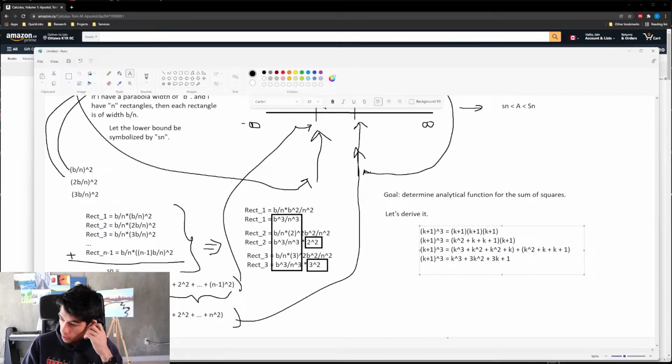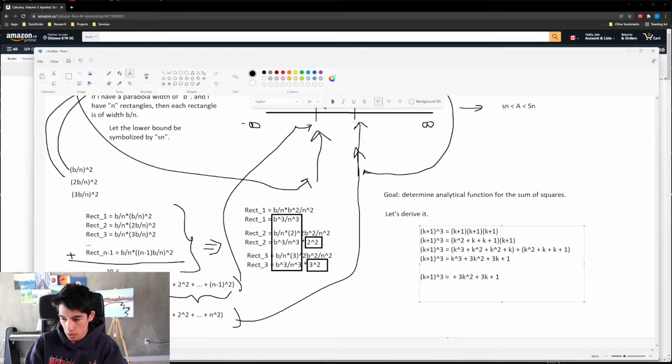Now that we've expanded this formula, let's rework it. And the way that we will rework it is by expressing a similar idea as the sum of squares, but instead we'll express the differences between cubes.